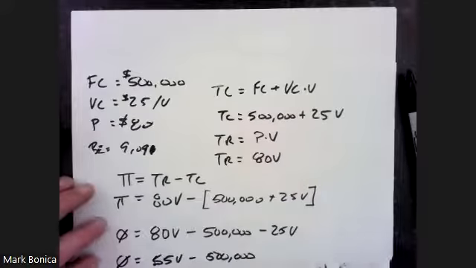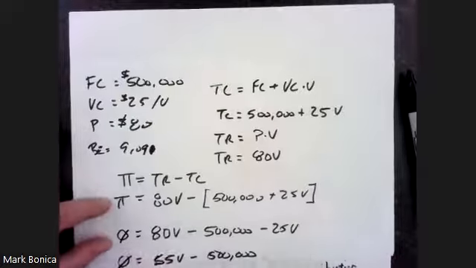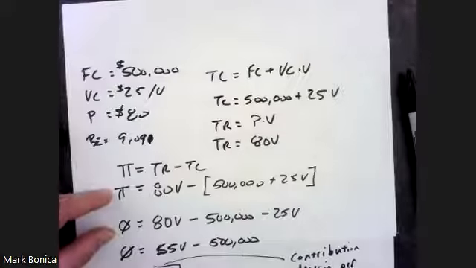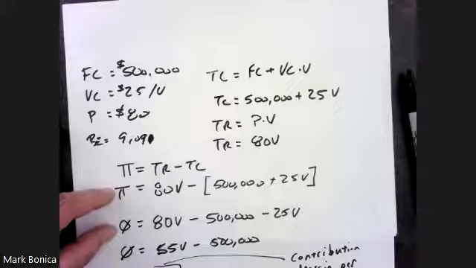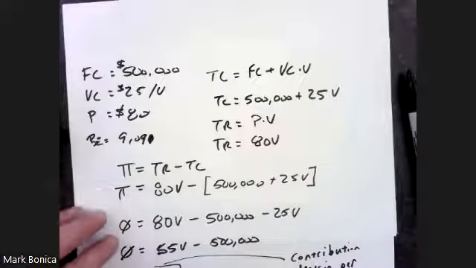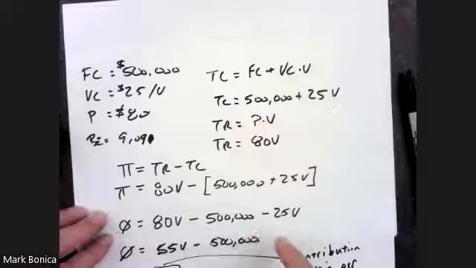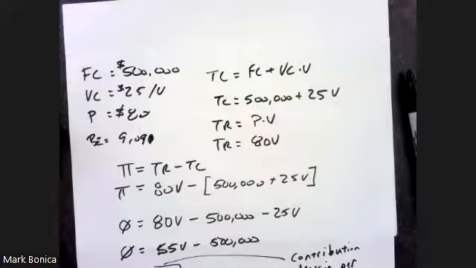So instead of where we're saying, hey, we want to break even, so we're going to set profit equal to 0, what's the volume we need to break even at? Well, that's nice to know. But like I said, nobody gets in business to break even. You get in business to make a bunch of money, right?